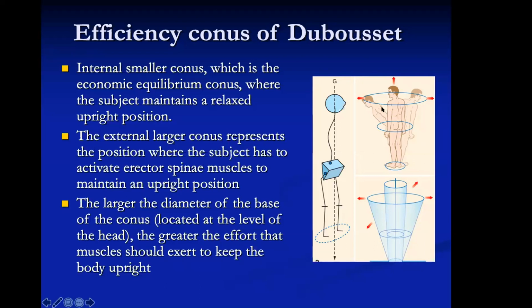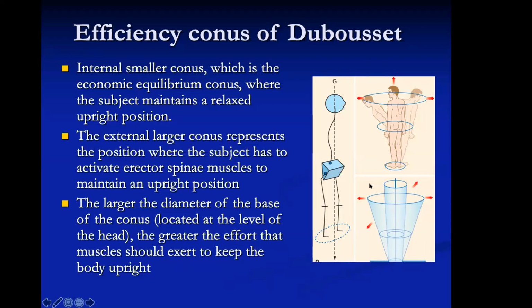When you are bending and walking, your body needs more energy to propel you forwards compared to the narrower cone. So if you're inside this inner cone, there is more endurance.